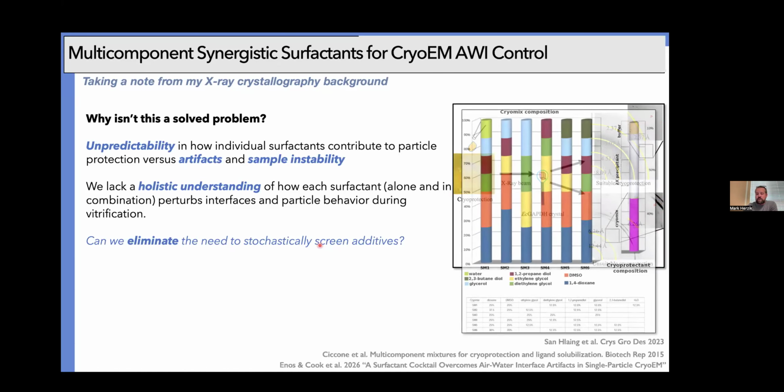And so there was a really great study by Elspeth Scarman's group back in the day where instead of taking a single cryoprotectant for their crystals like glycerol or ethylene glycol or something, they created mixtures called cryomixes where they varied the ratios of each of these known different cryoprotectants.